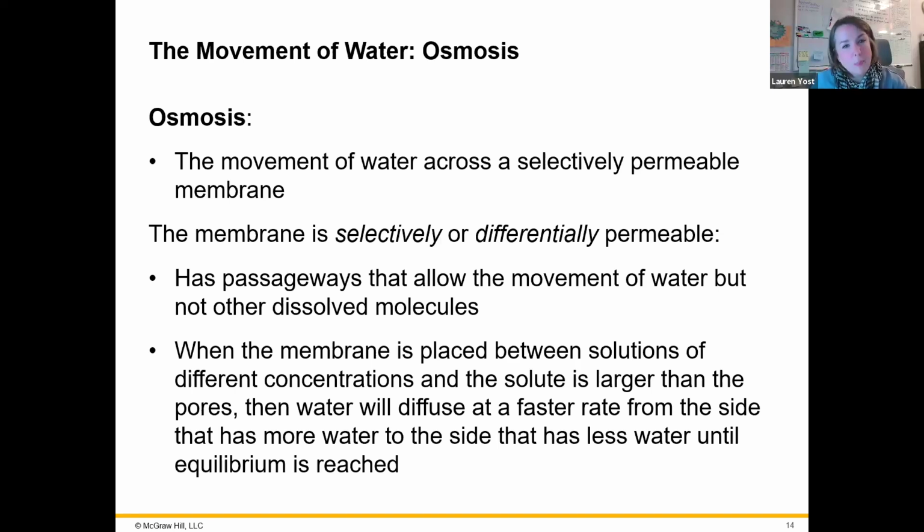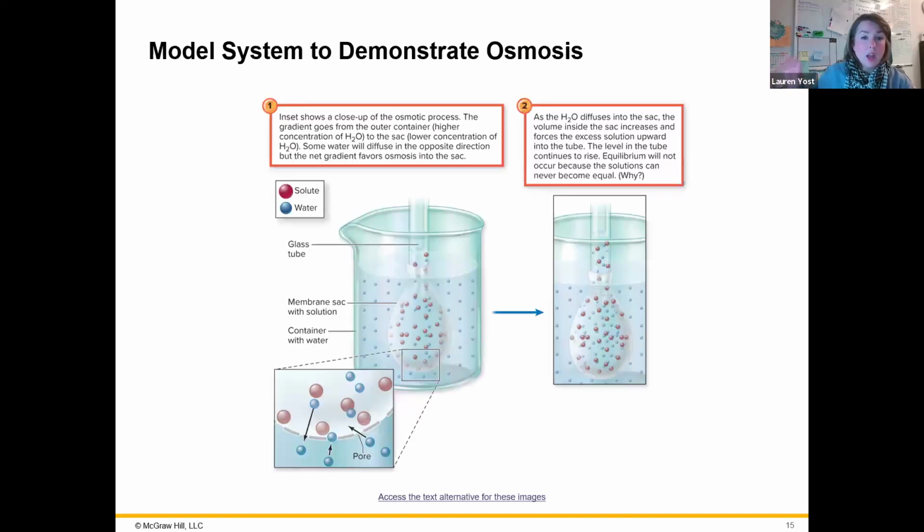The cell will have to accommodate that change. So the movement of water across a selectively permeable membrane is osmosis. So most importantly, the diffusion of water is osmosis. And in living systems, what controls the diffusion of water is the fact that the membrane is selectively permeable. So that's the concept of osmosis, the diffusion of water.